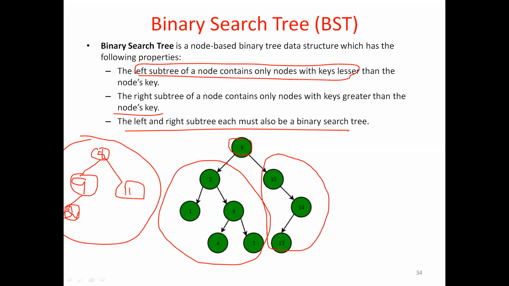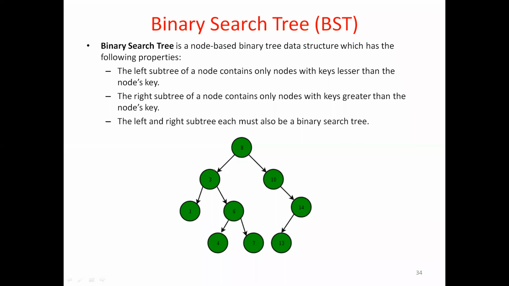Hope you understand. So when you take any node, for example 3, the left subtree of 3 will be lesser than the node key 3, and the right subtree will always be greater than the node 3.